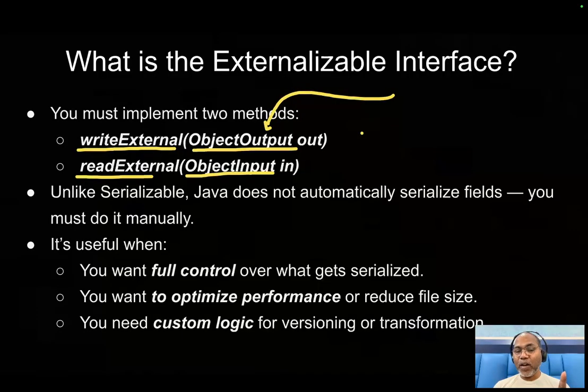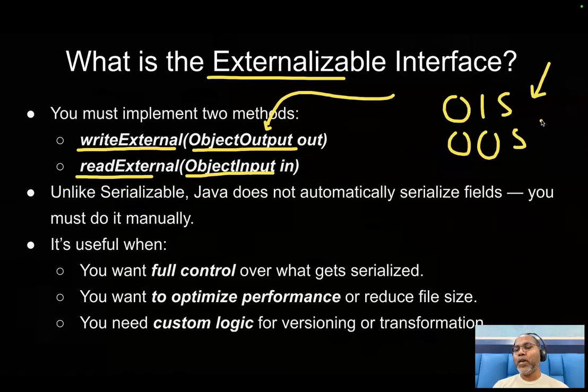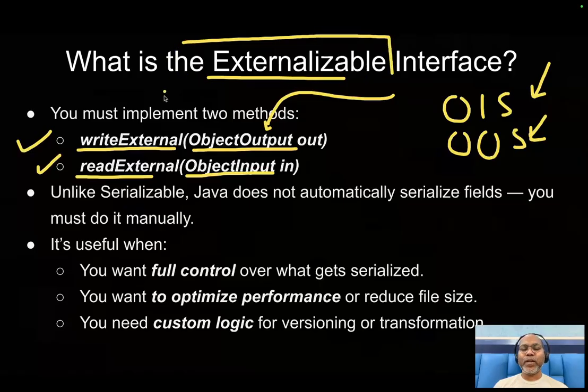They are not taking ObjectInputStream or ObjectOutputStream, because those classes are part of the Serializable mechanism. For the Externalizable interface, you override readExternal and writeExternal with ObjectOutput and ObjectInput. Whenever you implement this Externalizable interface, you must implement these two methods.